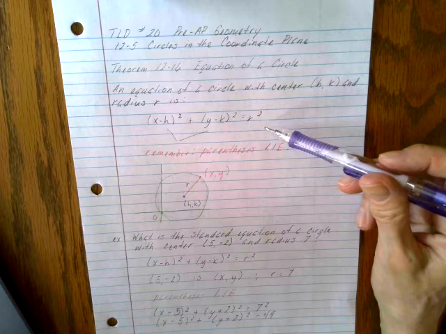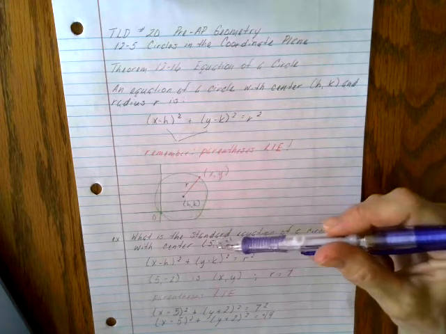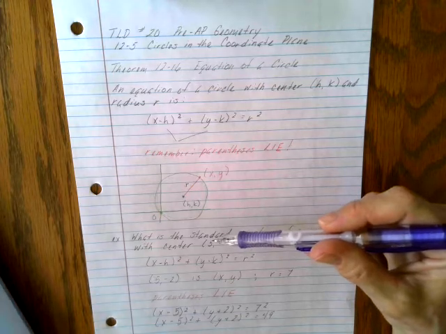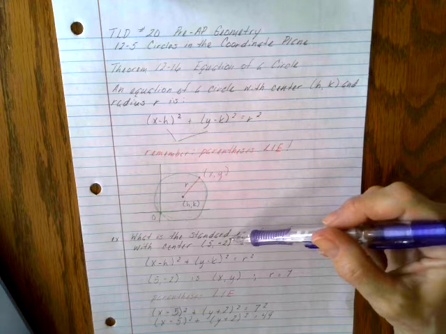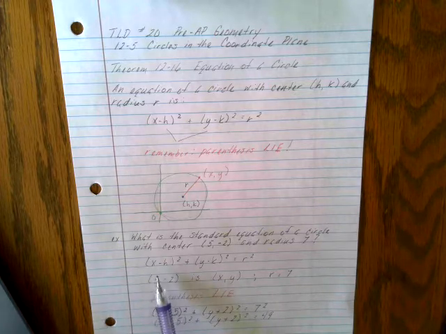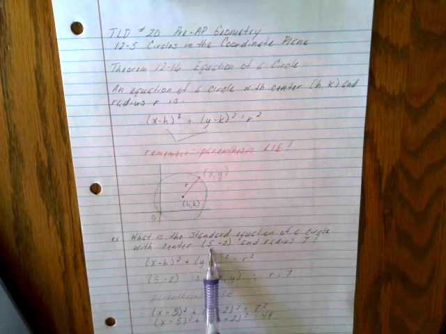Now remember, parentheses lie. So if my h value is positive, when I put it in the parentheses, it's going to be negative. And if my k value is negative, when I put it in the parentheses, it's going to become positive. So (x minus h) squared plus (y minus k) squared equals r squared. So 5 is positive.